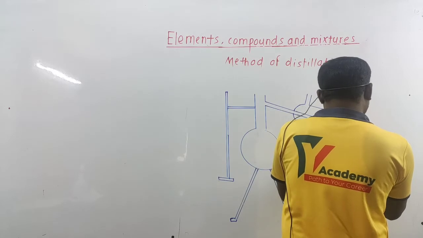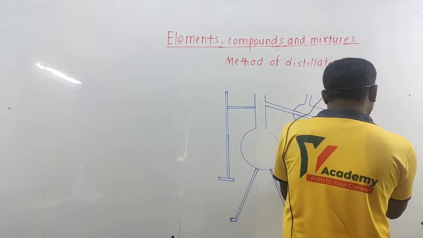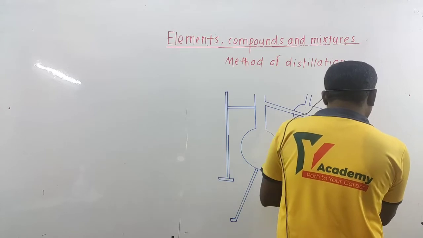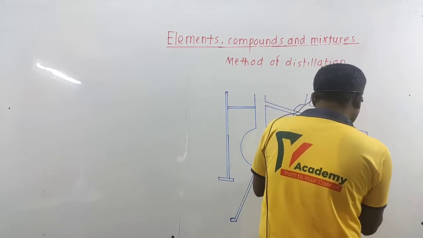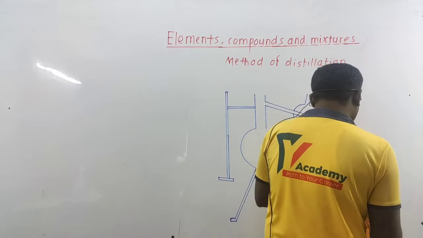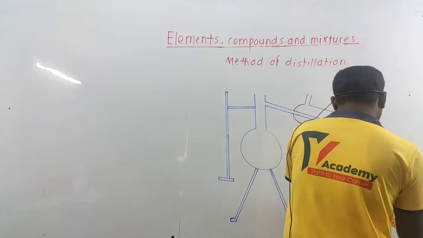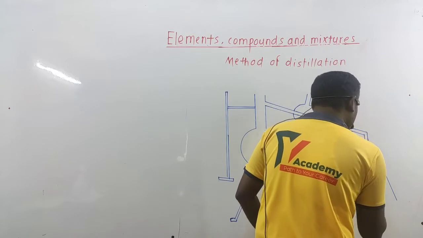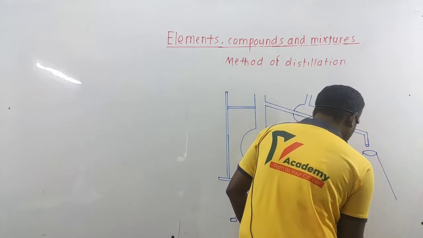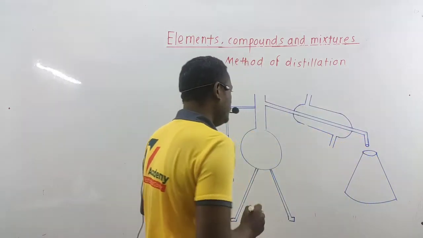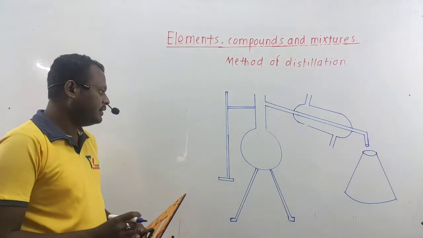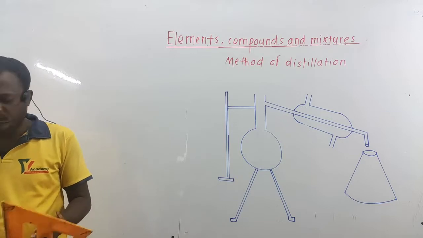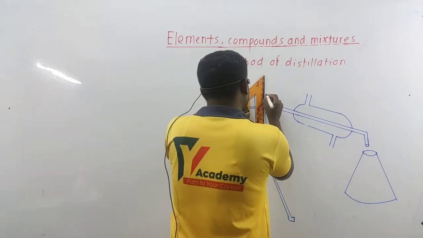So let us see the diagram. We are drawing the diagram of the method of distillation. Here there is a conical flask like that.